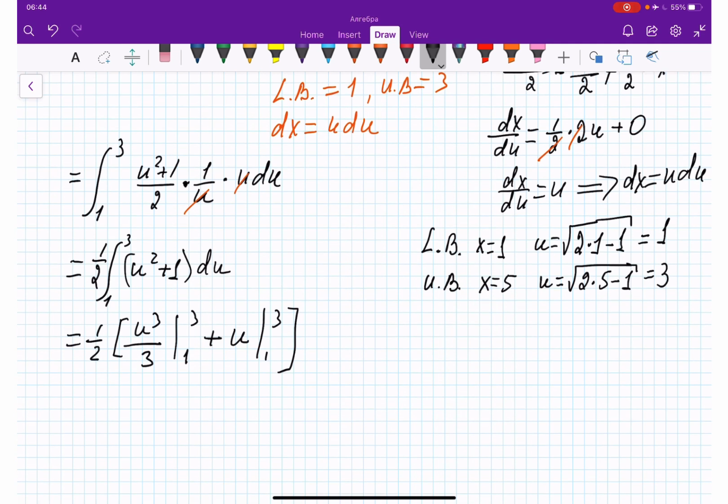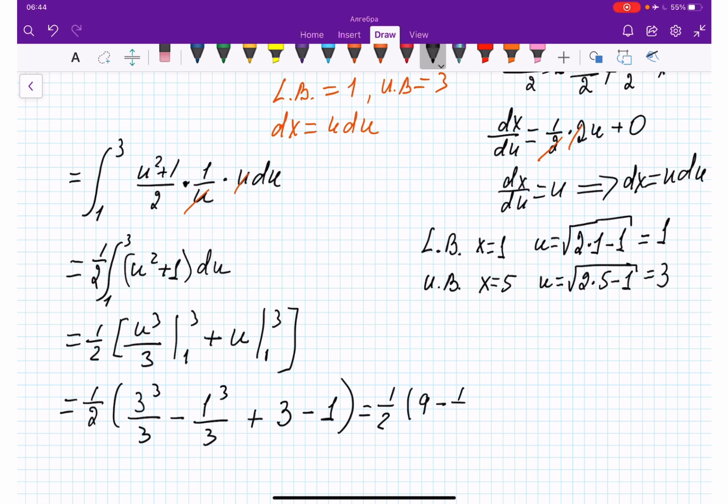So from here, we are going to get 1/2 times 3 cubed over 3 minus 1 cubed over 3, plus, now let's replace u, 3 minus 1. And this way we are getting 1/2. So 3 cubed is 27 over 3, which is 9, minus 1/3, and plus 2, right?